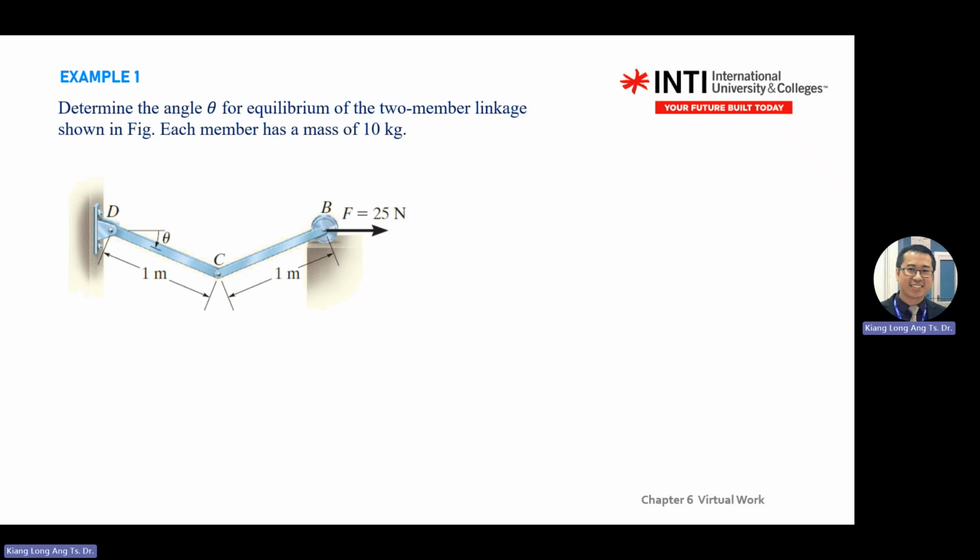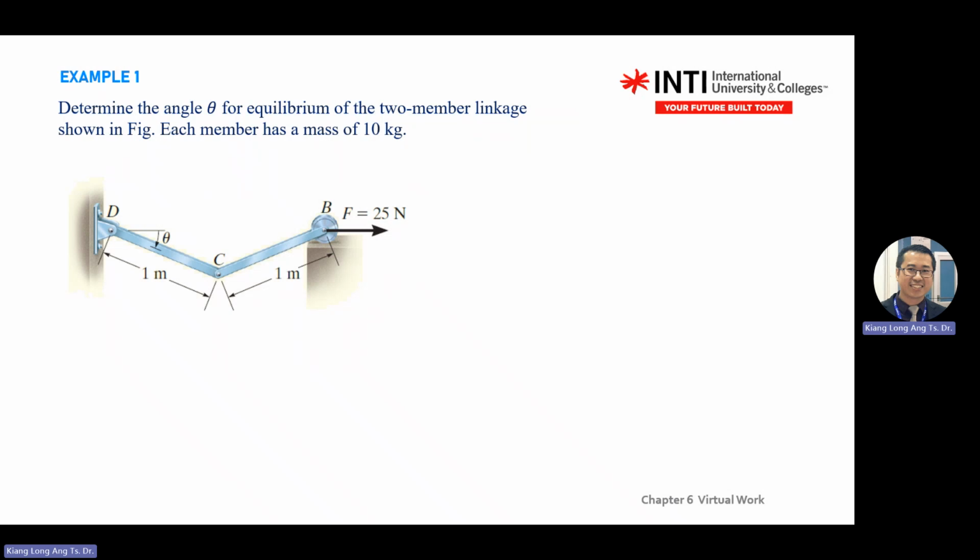Determine the angle for equilibrium of the two-member linkage shown in the figure. Each member has a mass of 10 kilograms. If you are given a mass and you have two members, remember to go to the center of each member, put a dot there, then draw a downward force W. Write a force of W for each member at its center. Then imagine what will happen to the members.